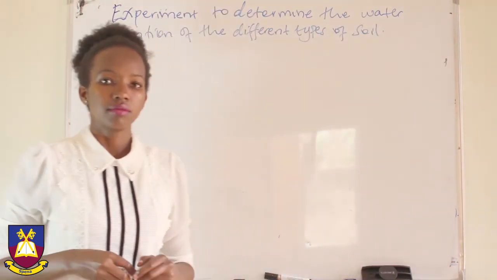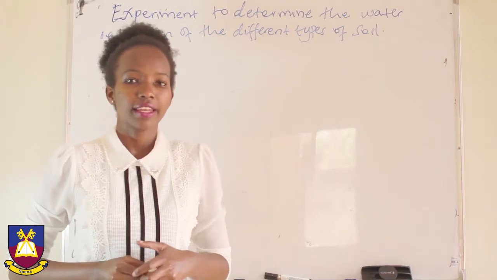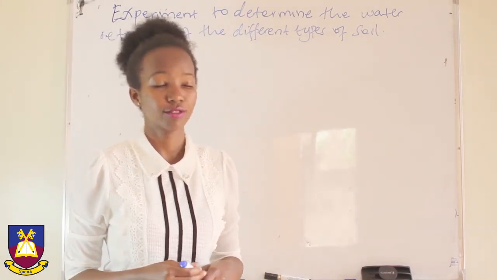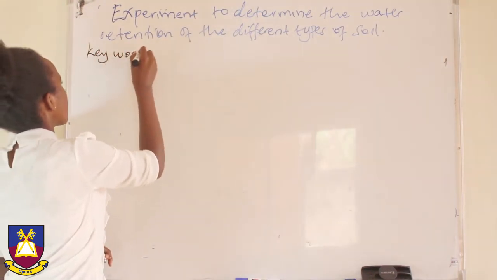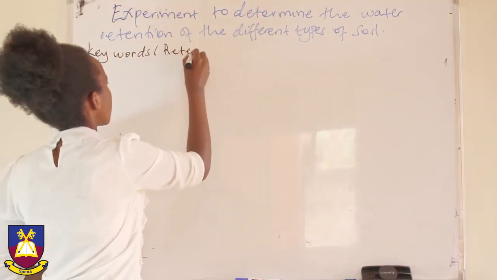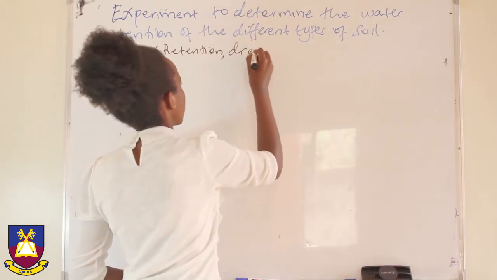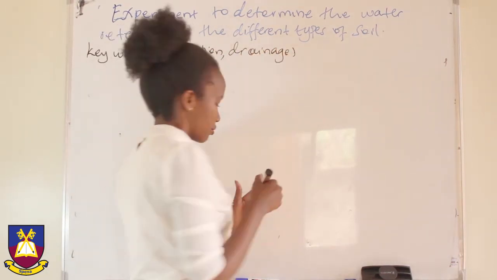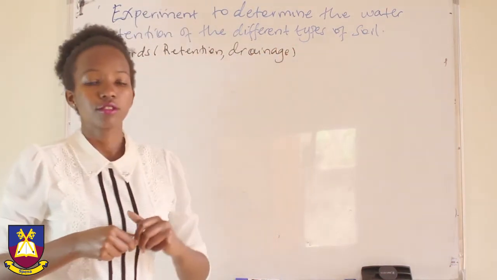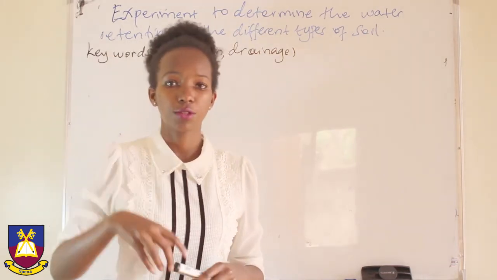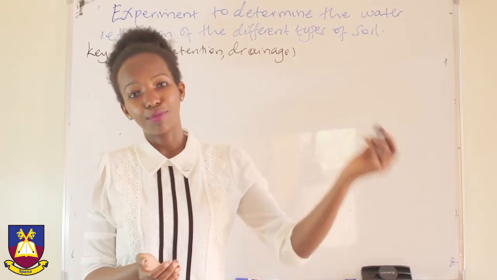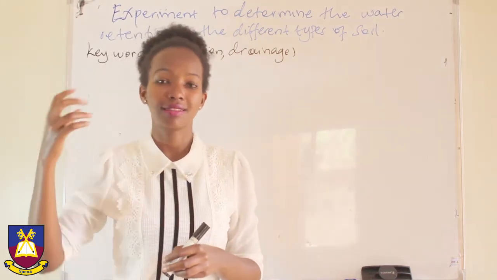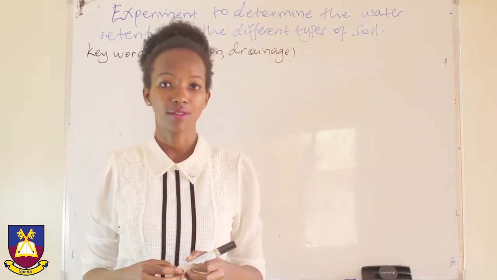So that will also give us an idea on what we call drainage. So our keywords here are drainage. Drainage refers to the ability of soil to lose water through it. For example, if I have an amount of soil in my hands and I pour water through it, how easy does that water run through the soil?